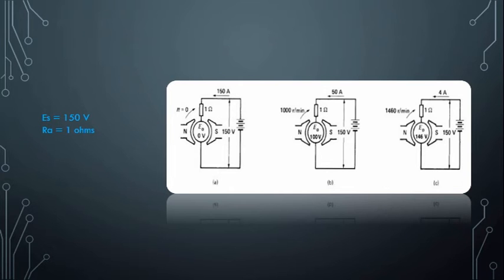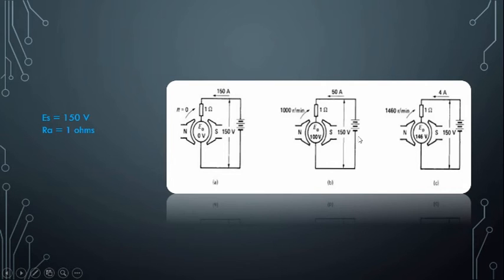Now what happens is, as soon as the armature rotates, the back EMF develops. For instance, let's say the motor is running at 1000 rpm and it manages to develop 100 volts. So 150 minus 100 gives us 50, and 50 divided by 1 gives us 50 ampere of current. Now you can see the current is reduced by 3 times.